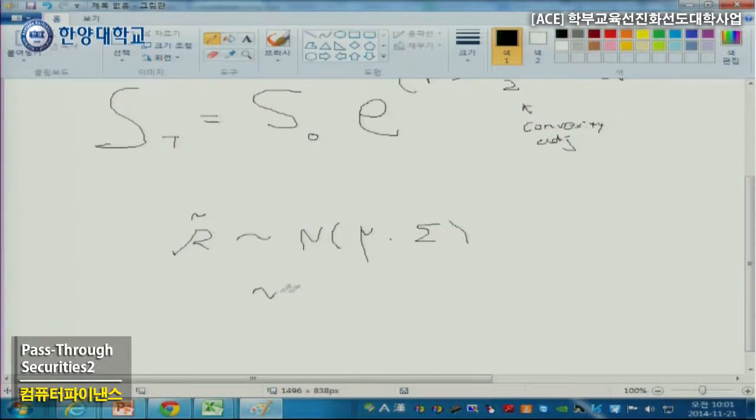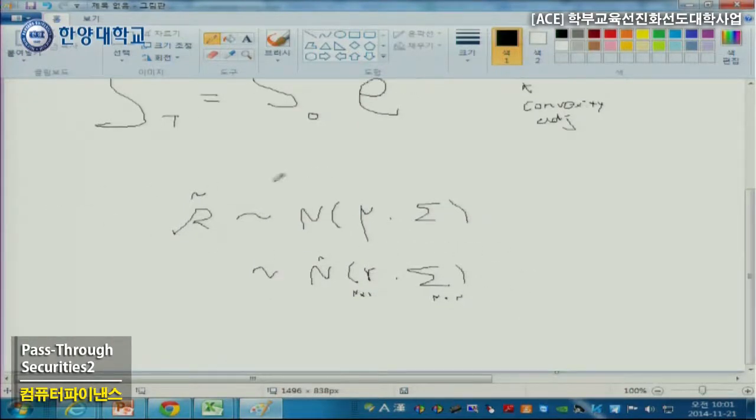But in the risk neutral world, we know the expected return should all be the same as the risk-free rate, but the variance covariance matrix doesn't change, right? This is an n by 1 vector, and this is an n by n matrix.